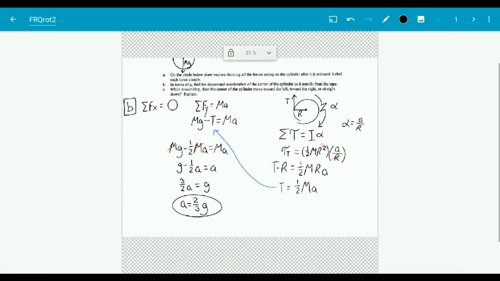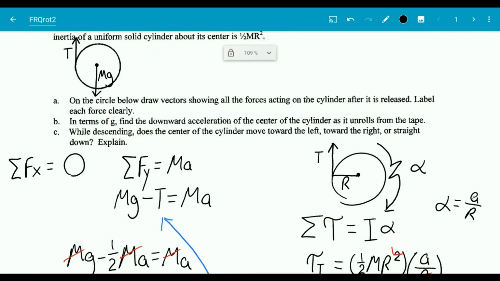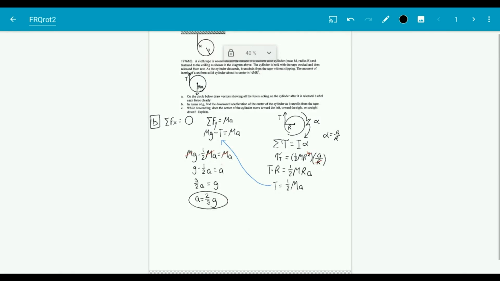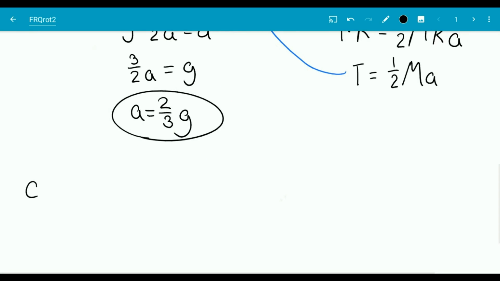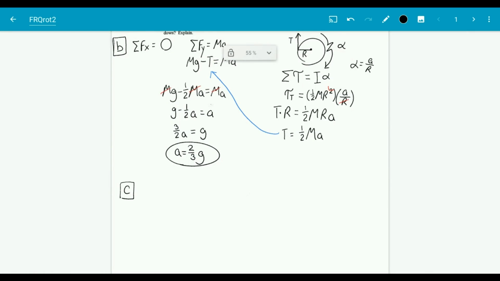And now part C, it says, while descending, does the center of the cylinder move toward the left, toward the right, or straight down? Explain. This question may seem complicated, but it's actually fairly simple. So the best way to think about this is, because there are no horizontal forces acting on the cylinder, like I said, whenever it falls, the only forces acting on it are the object's weight and the tension, because, as we said earlier, it's attached to the top.